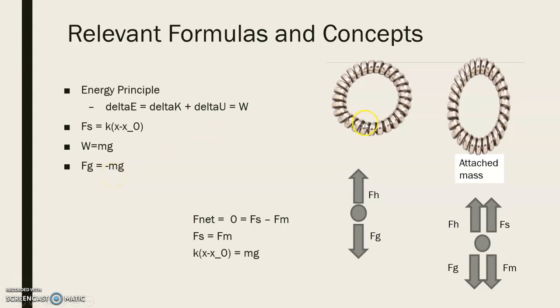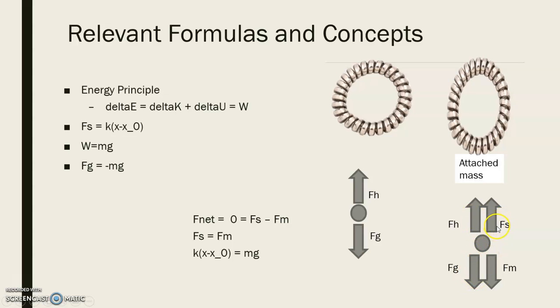And so with this information, we could make a few free body diagrams. The force of the hanging is holding the hair tie up and equal to the force of gravity because the system is static. It's static here as well, and so these values are still equal to each other.